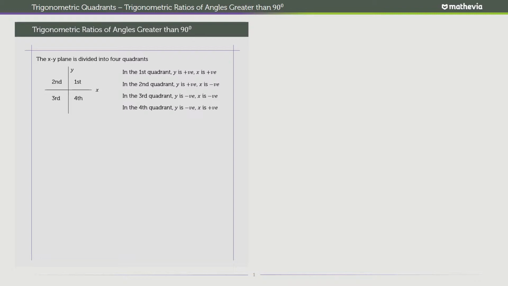Whether they are positive or not will play a very fundamental role in determining whether the trigonometric ratio in a particular quadrant is positive or negative. Yes, we're actually going to be having negative trigonometric ratios, and that's pretty much what we'll be doing in this lesson. So let's go on.